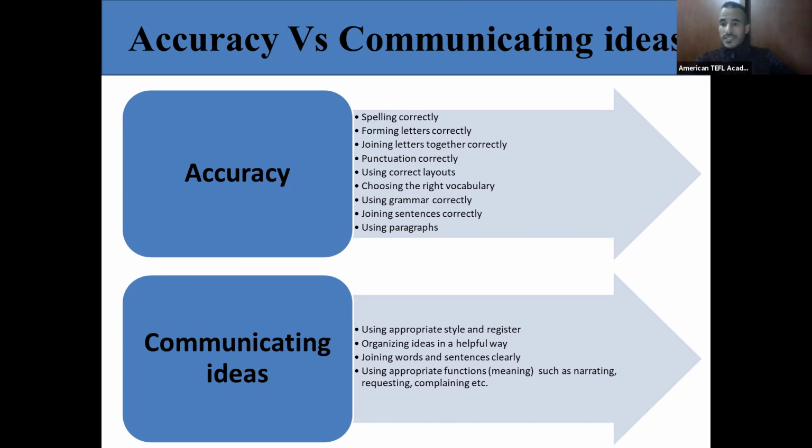And accuracy, you pay attention. Everything must be correct. Grammar must be correct. Writing, spelling, etc. Okay. Now for writing it is the same. We have accuracy and communication ideas. Can someone read about what we mean by accuracy in writing? Any volunteer? Okay, Zineb. Yes.